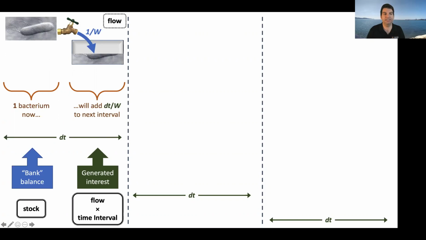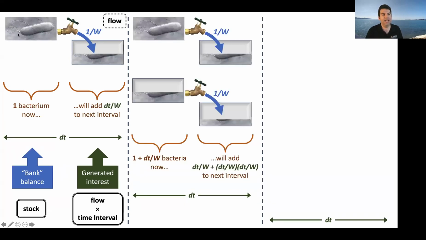And so we're going to multiply this flow by the length of time, the compounding period dt, and that tells us that we are going to get an interest, so new bacteria to add to our stock, of dt divided by W. And so our population is going to start with 1, and it will then next compounding period be 1 plus dt over W.